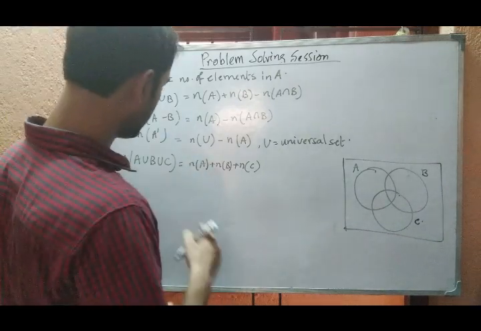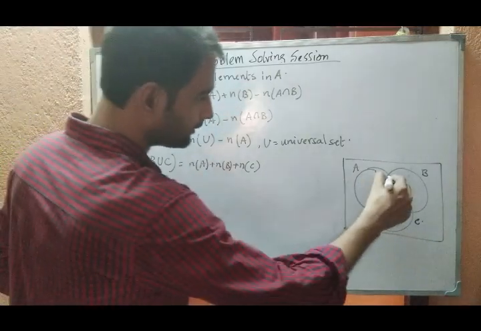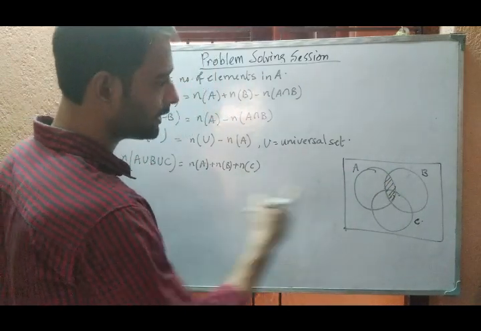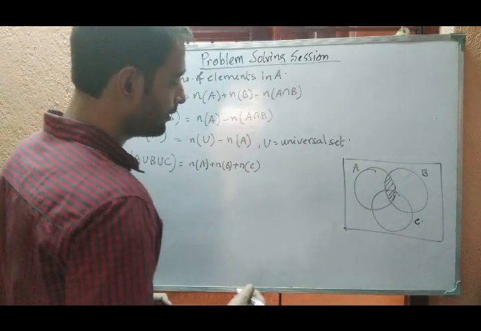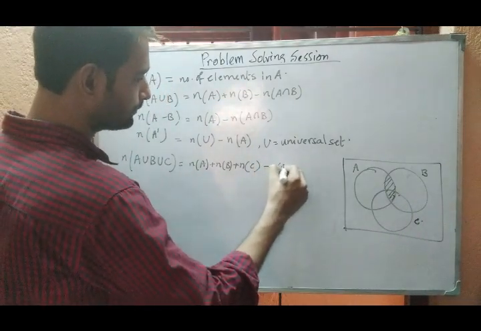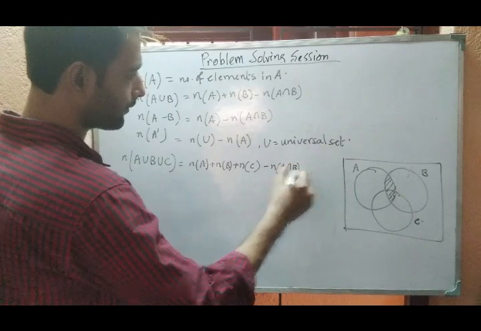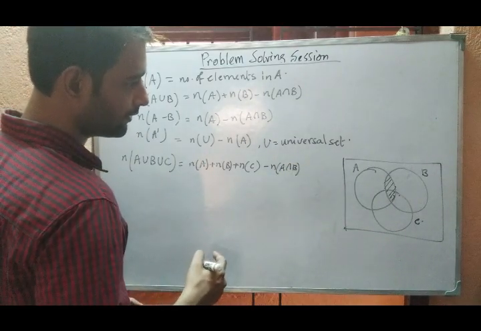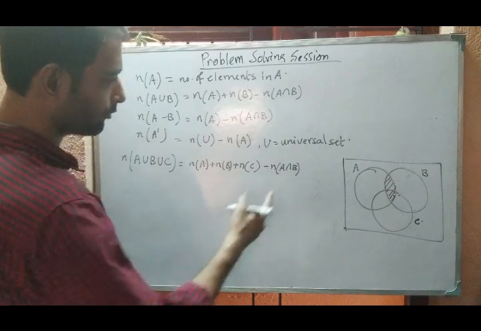So see, whenever you are taking the set A, this intersection is taken once, and for B again it is taken. So it is taken 2 times, so we are subtracting 1 time.